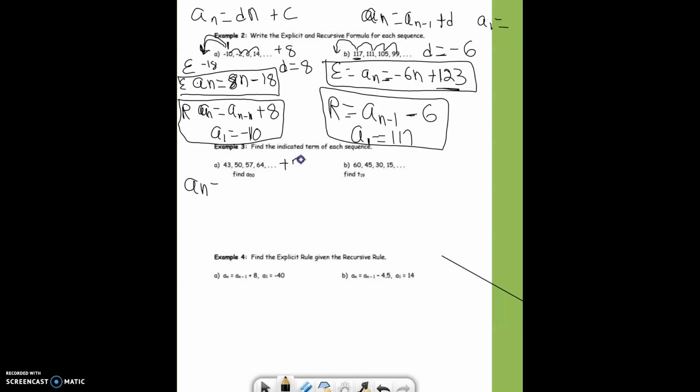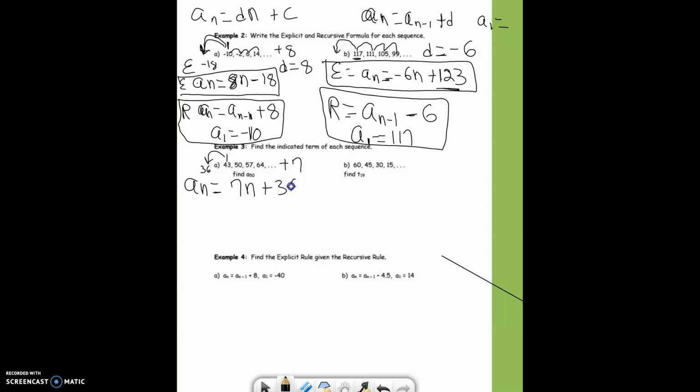We're going by plus 7, so we have 7n. If that's the first term, we go back 1. So instead of adding 7, we're subtracting 7. So my 0 term would be 36.